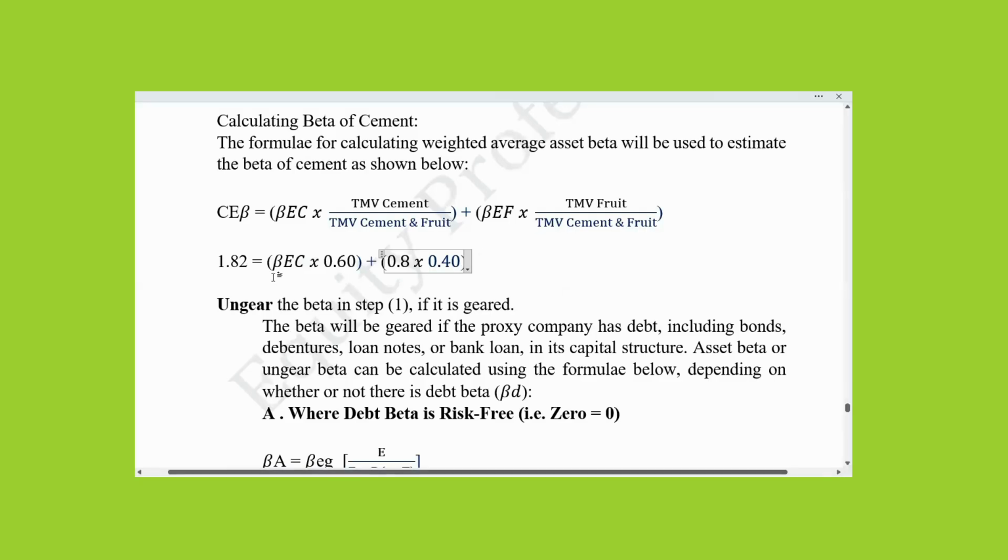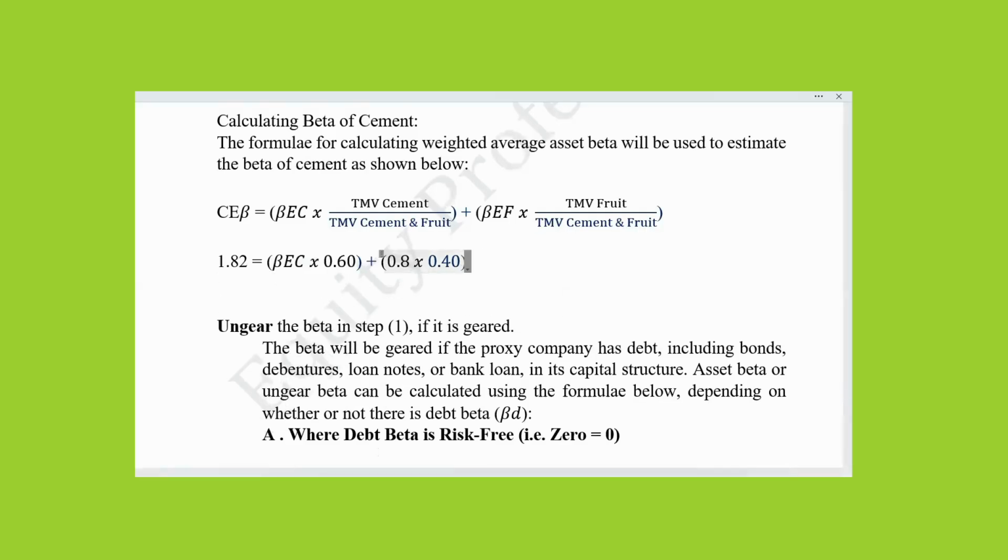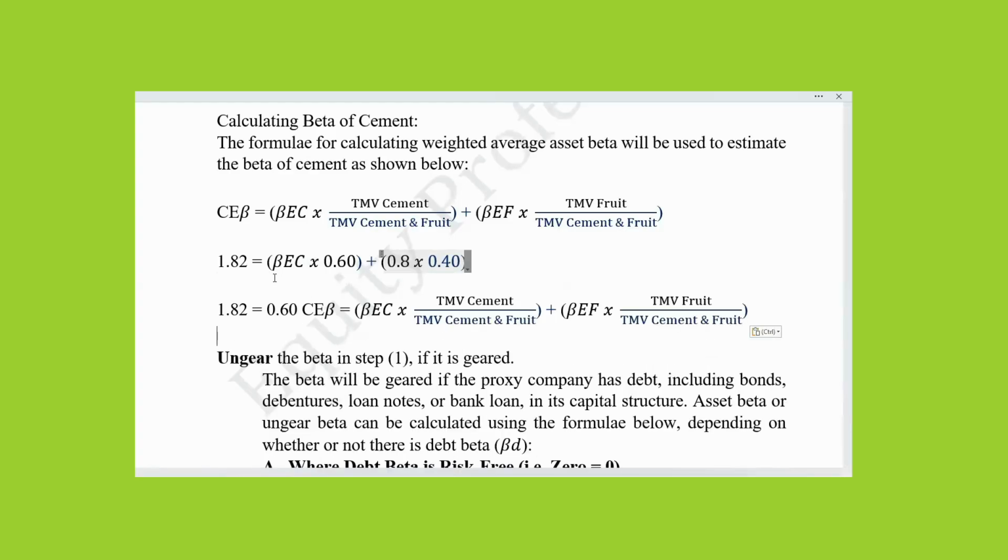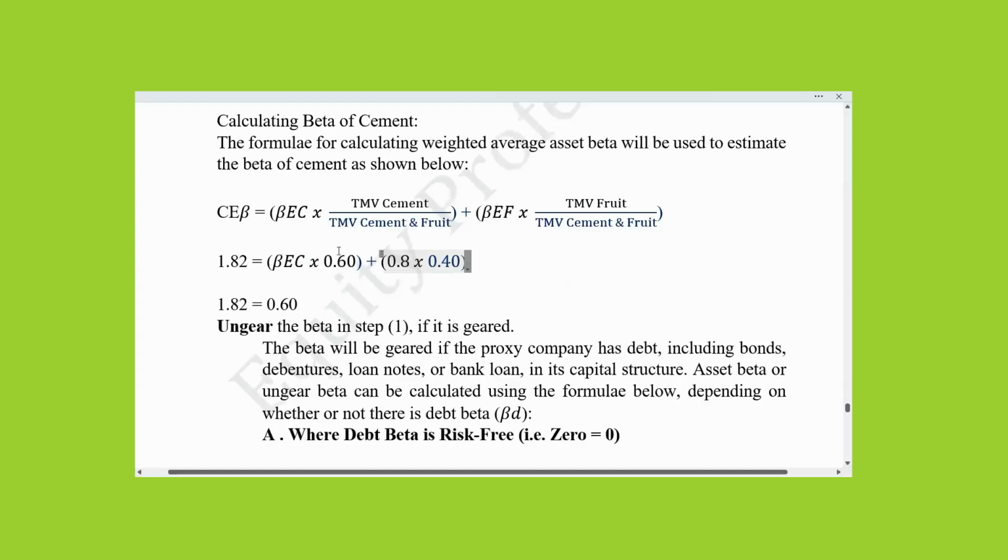All right, that's it. At this point, I would then say 1.82 equals 0.60 times beta equity of cement, then plus 0.8 multiplied by 0.4, which will give us 0.32.